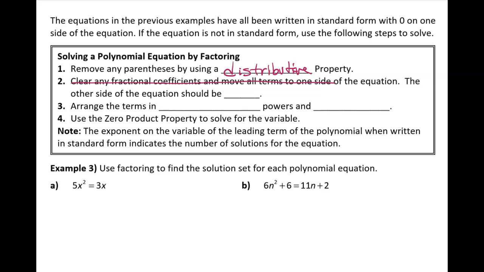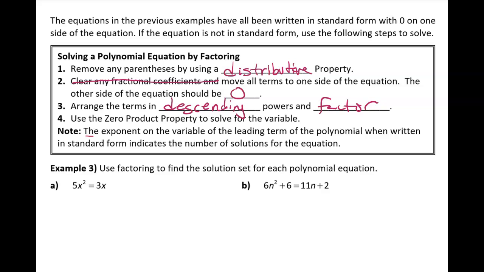We're not going to encounter that, so I'm going to cross that out. But what we do want to do is move all terms to one side of the equation. That is to say, the other side should be 0. And then arrange the terms in descending powers. And after you do that, factor. Then use the zero product property to solve for the variable.